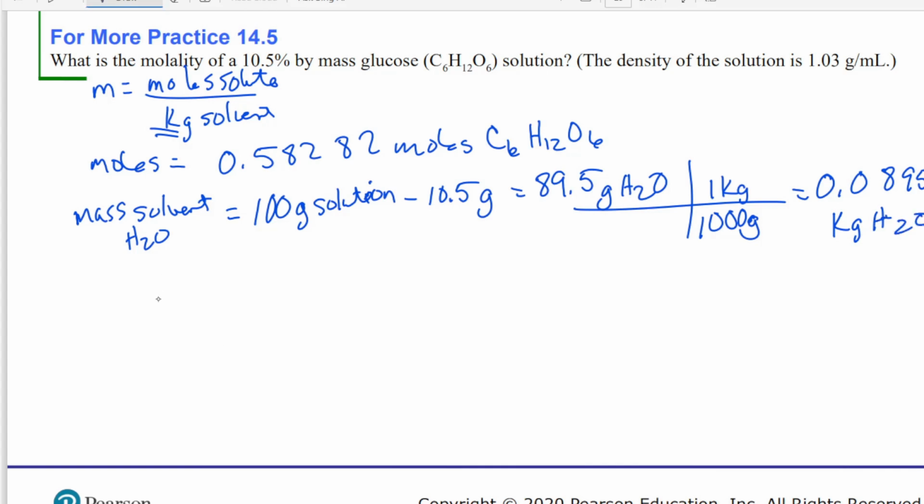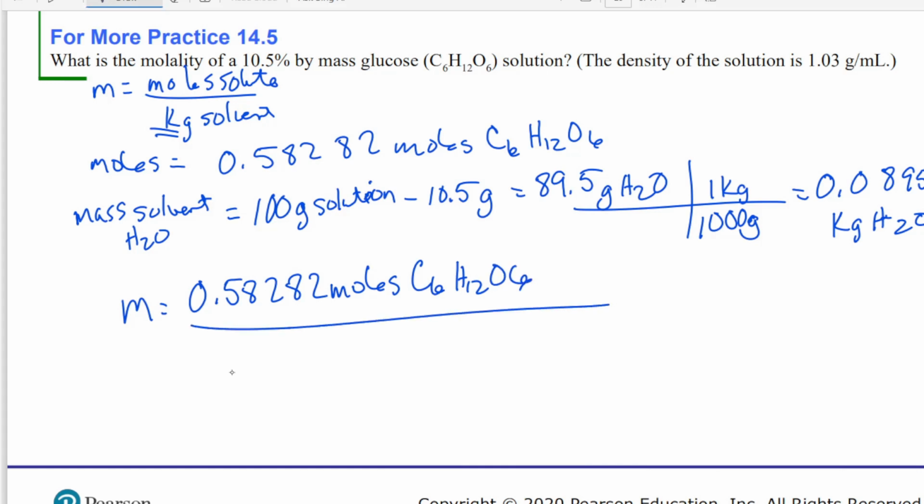So now we're going to calculate the molality, which is equal to 0.58282 moles of C6H12O6 divided by 0.0895 kilograms of water, which is equal to 0.651 molal.